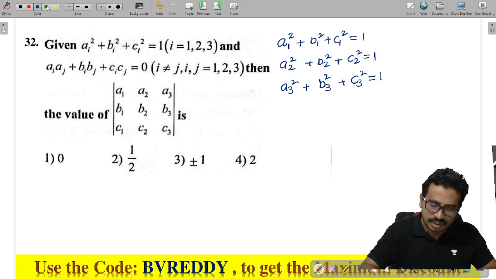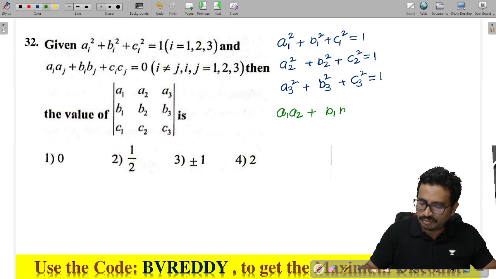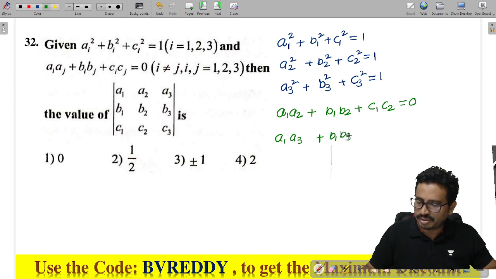And thereafter what else they gave: a1 a2 plus b1 b2 plus c1 c2, which is 0. Next, for i not equal to j, a1 a3 plus b1 b3 plus c1 c3, which is 0.